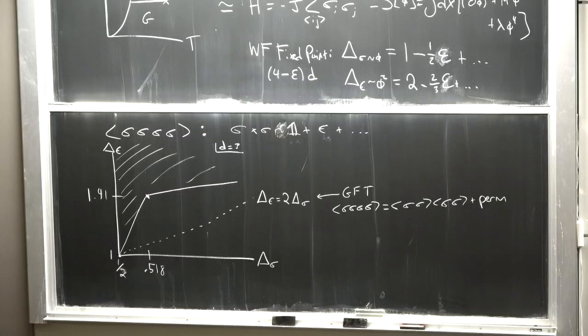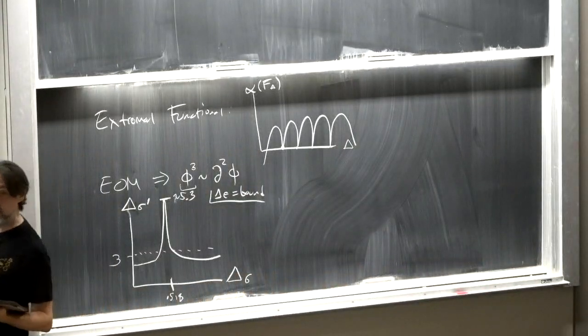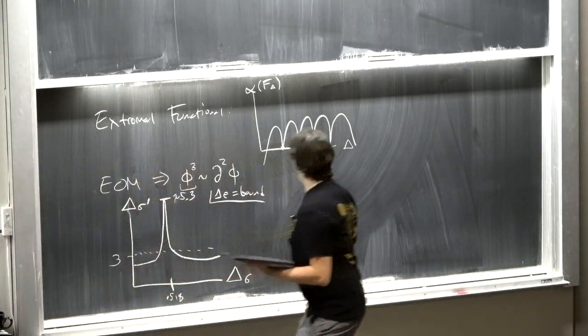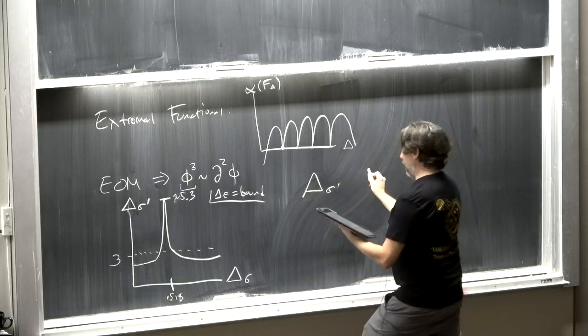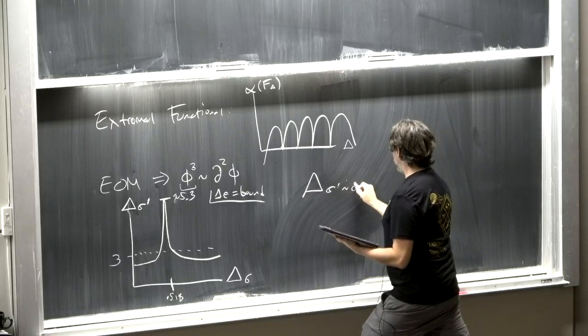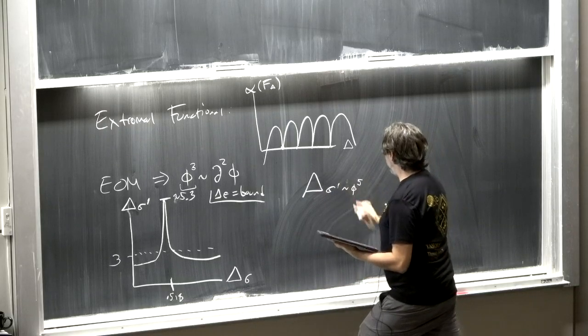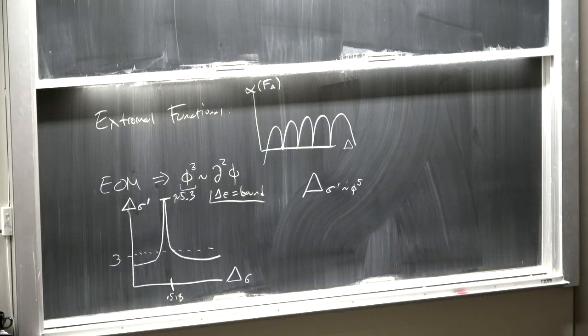Okay, good. Oh, and just to mention this sigma prime operator. By the way, you can also estimate it using the epsilon expansion, the curly epsilon expansion, where you think of it as the phi to the 5th operator.